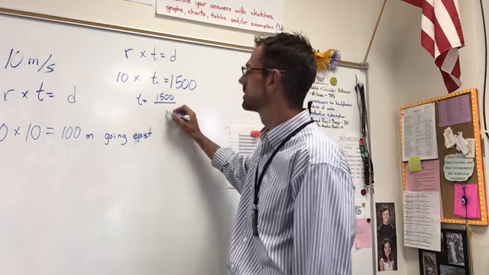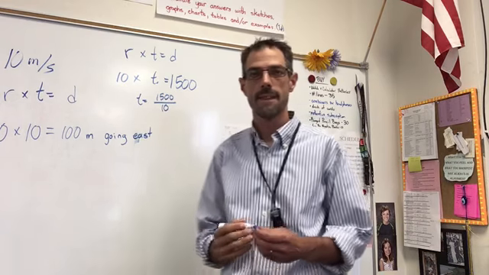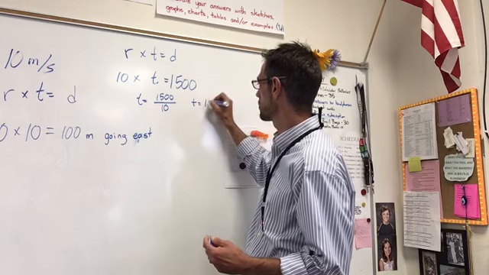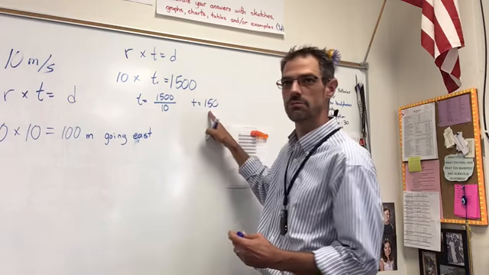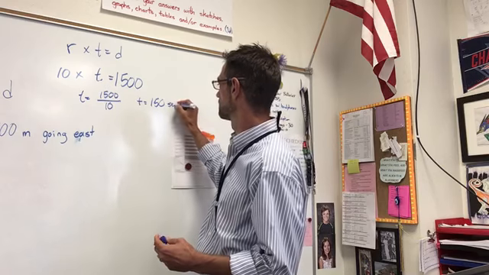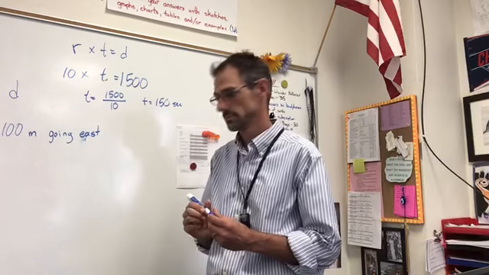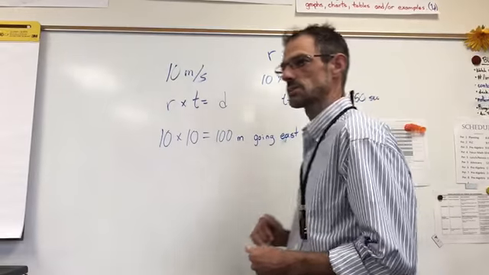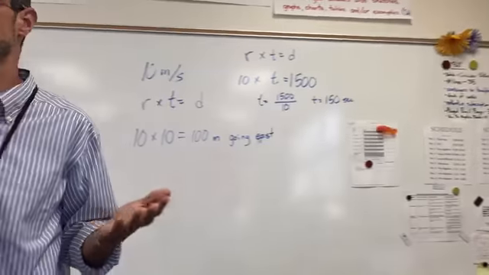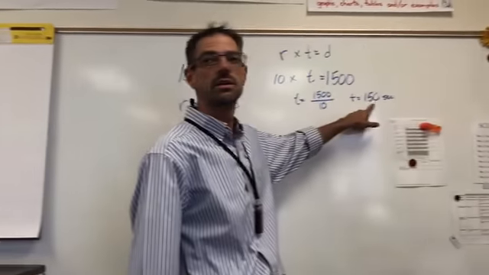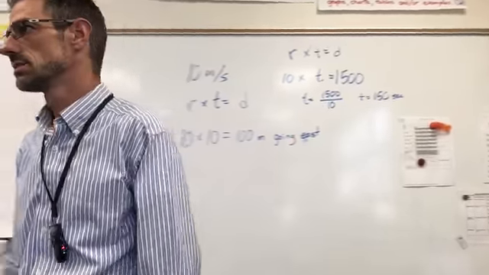So time equals 1,500 divided by 10. So my time equals 150. And what is that 150? 150 seconds. So when will it reach there? In 150 seconds. I could also call that 2 minutes and 30 seconds, because I could divide that by 60 and get 2.5 minutes.